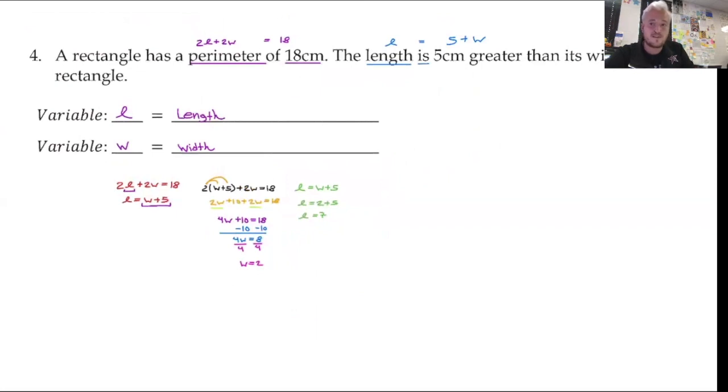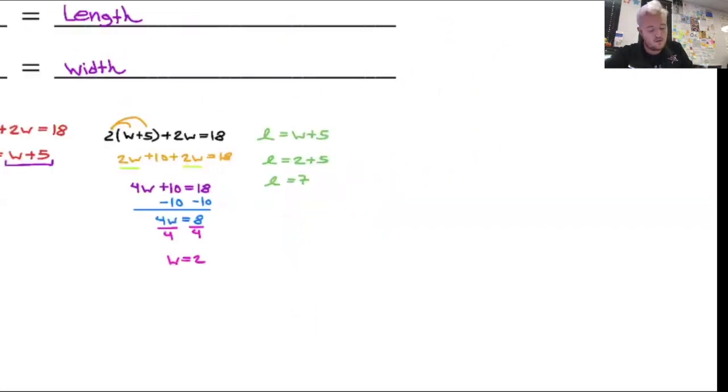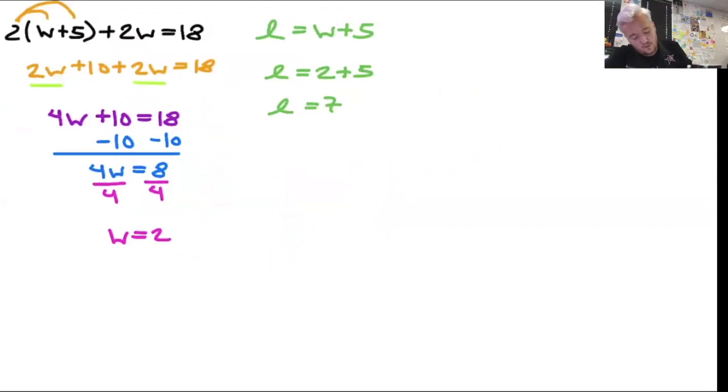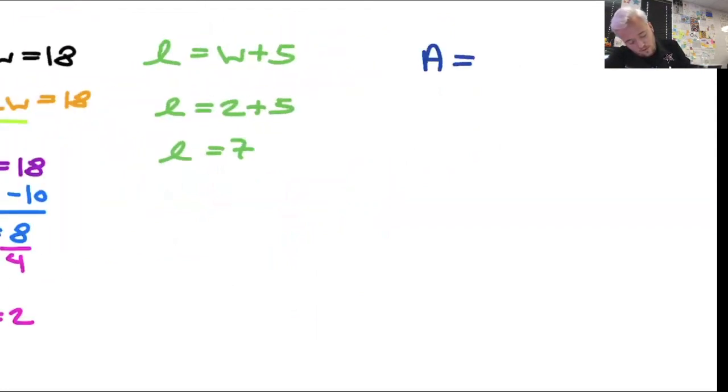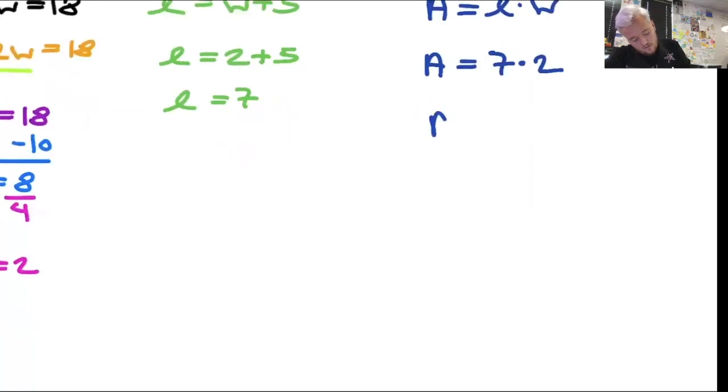We actually want to know what's the area of this rectangle. So the formula for the area of a rectangle is going to be the length times the width. So the area is going to be 7 times 2. So our area here is going to be 14 square centimeters.